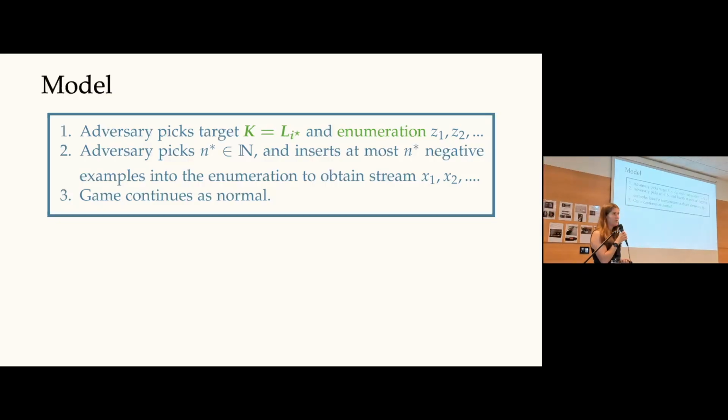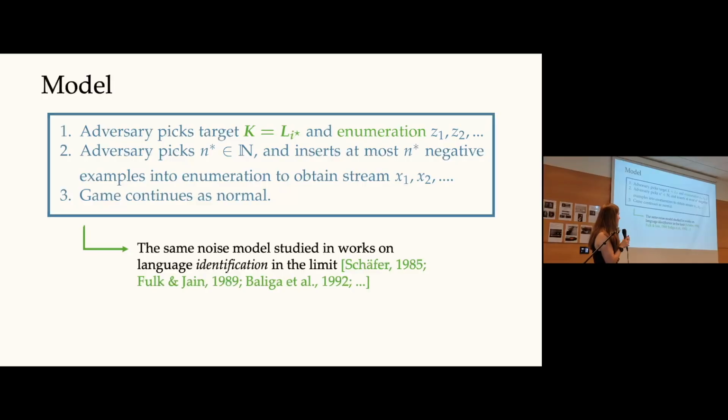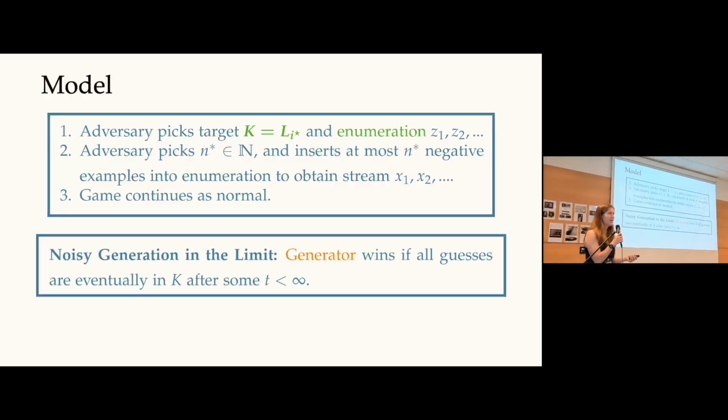And from there, the game continues as normal. One note is that this is not a new model. It was inspired by works that looked at noisy language identification, and the model they studied in that context was exactly this, inserting a few noisy data points. The goal here is still the natural goal of language generation in the limit: at some point, the generator wants to be correct indefinitely at all time steps.